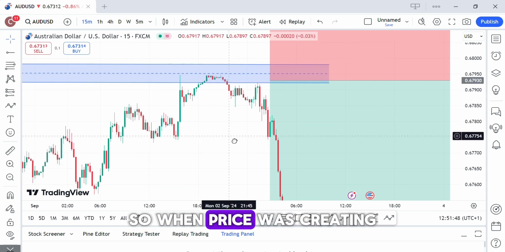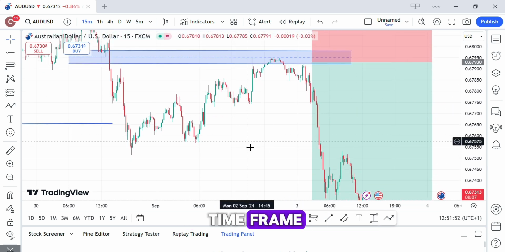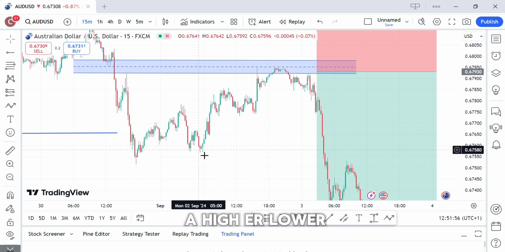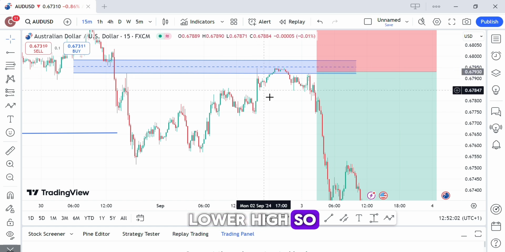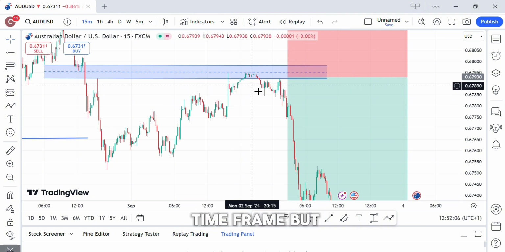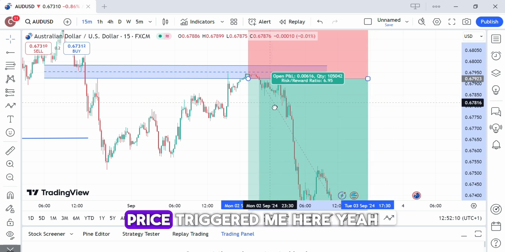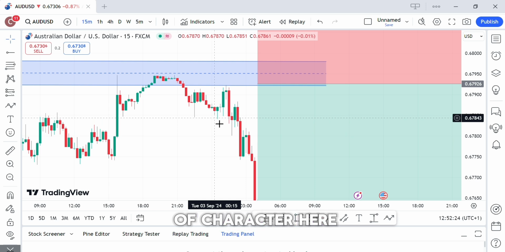So when price was creating on the 15-minute time frame, it was creating a low, a high, lower high, lower low, lower high, lower low, lower high. So this market was in a downtrend on the 15-minute time frame, but I waited for, after price triggered me here, I saw a change of character here.